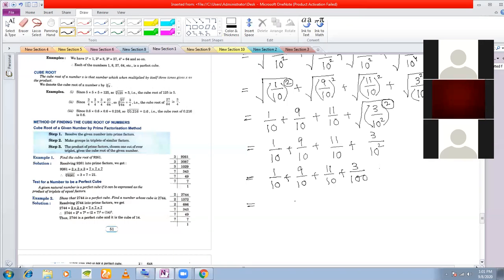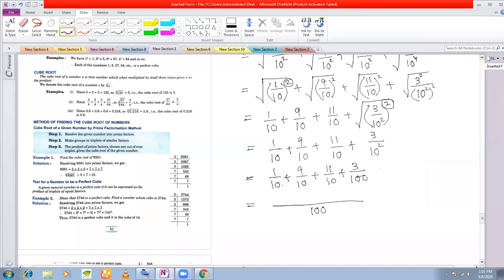Now what you can do here is take the LCM, or you can write as I had done in the beginning. You can take the LCM as 100, so this becomes 10 plus 90 plus 110 plus 3, which is 213 by 100, which is 2.13.